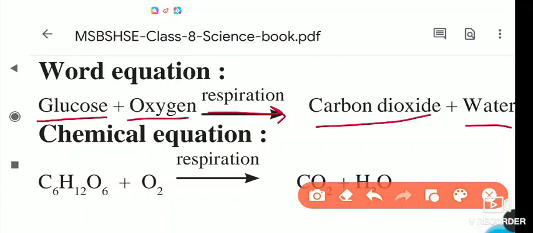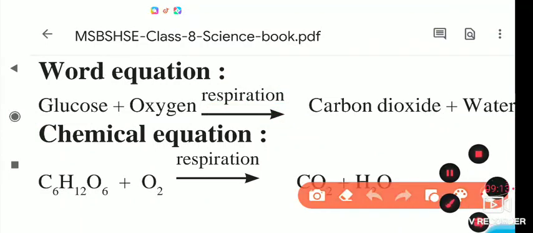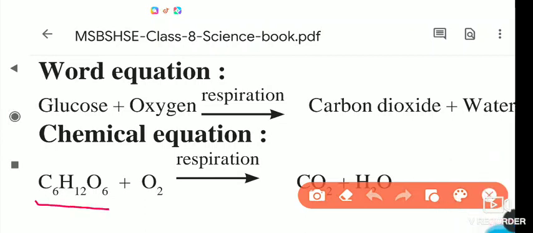Here glucose and oxygen take part in the chemical reaction. In the process of respiration we take oxygen, and glucose we take from the food. When the reaction takes place, it forms carbon dioxide and water. The same reaction in chemical form: glucose formula is C6H12O6.